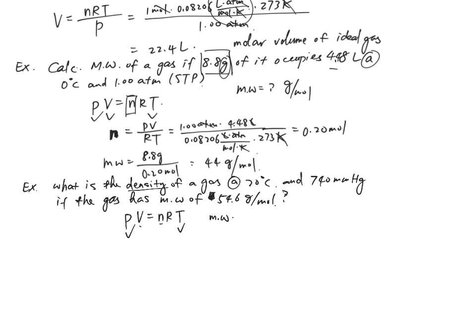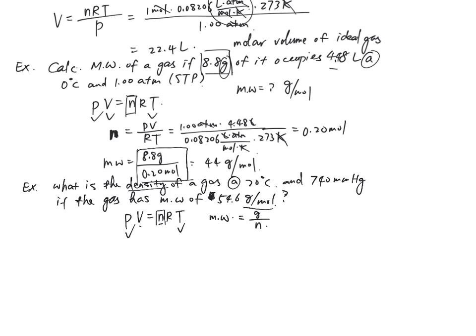Well, let's think about this. First of all, from the last problem, you know what molecular weight is. Molecular weight is grams per mole. How did we get grams per mole? We used the grams of stuff divided by the number of moles, which is n. So molecular weight is grams over number of moles.